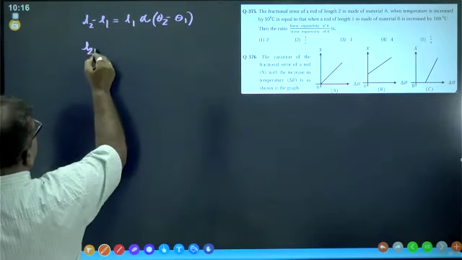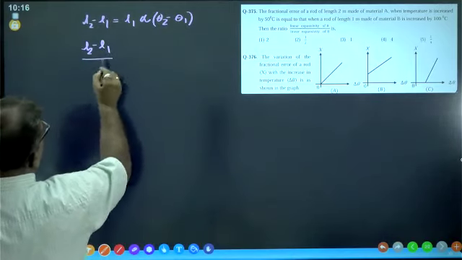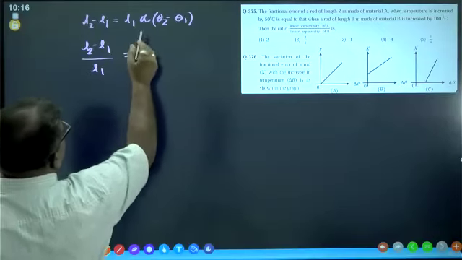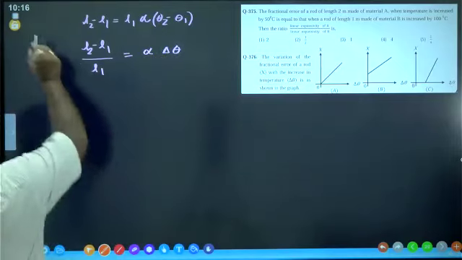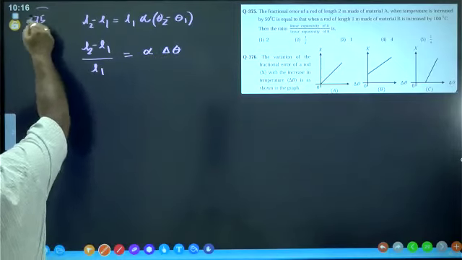Fractional change of length, L2 minus L1 over L1, equals alpha delta theta. This could be the equation, right? 375.